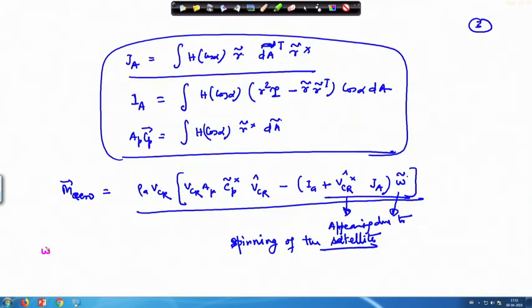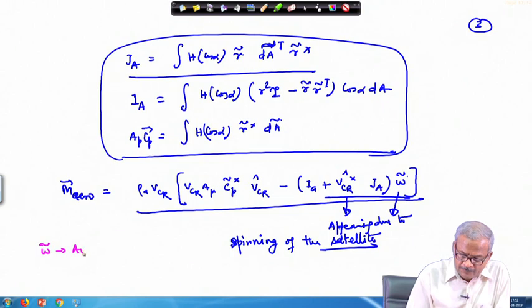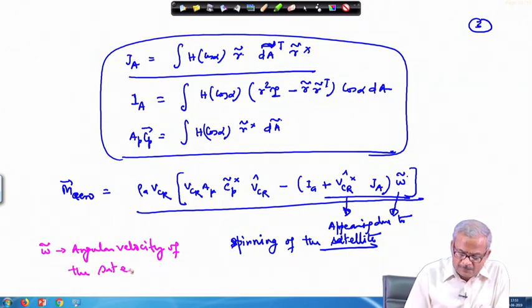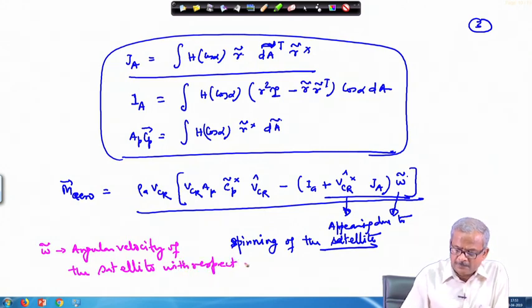So, here omega tilde is the angular velocity of the satellite with respect to the atmosphere.